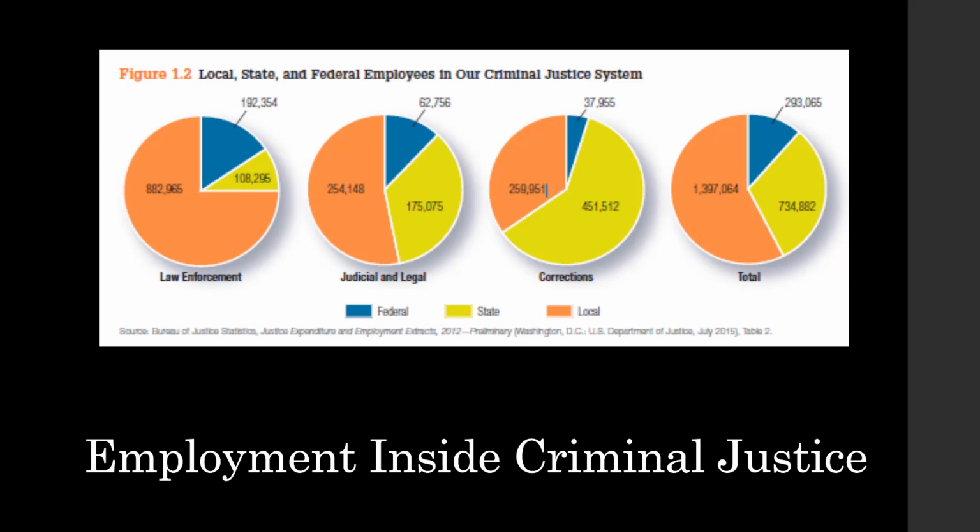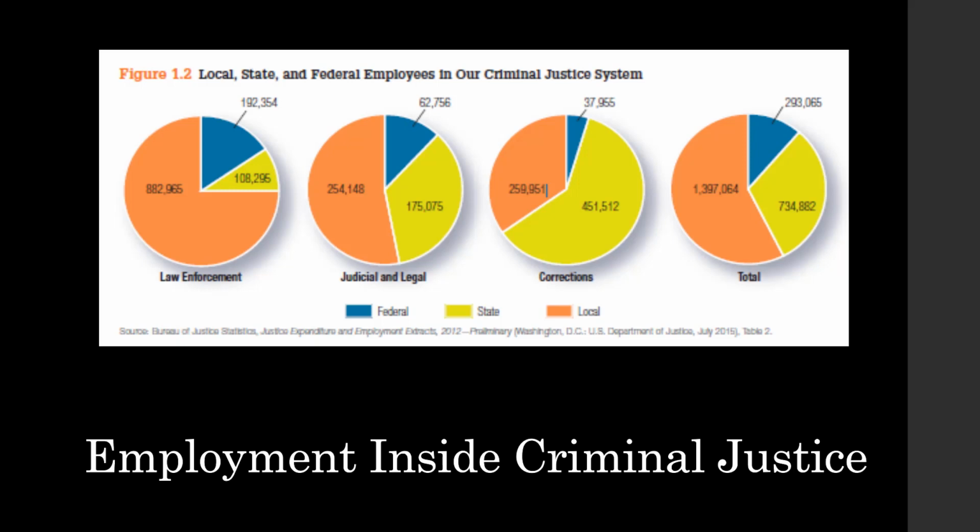When we go to justice and legal, and these would be your court systems, again, the vast bulk are locals. These are your magistrates, your small claims courts, your local municipal courts. They're going to handle the important ones. And again, the feds there, it's only about 60,000.